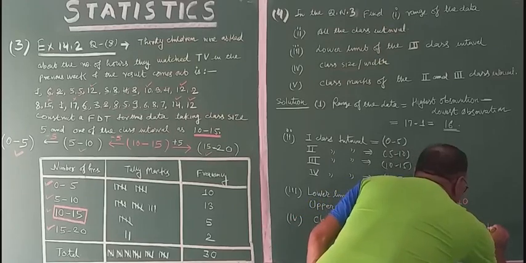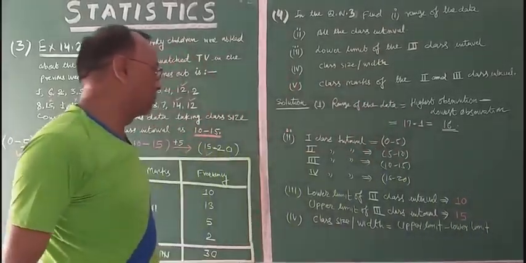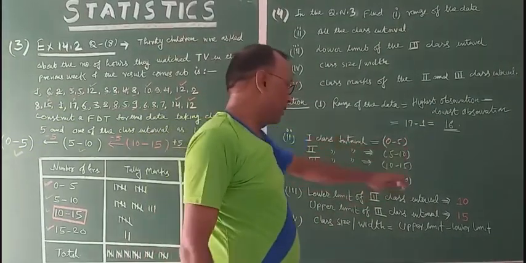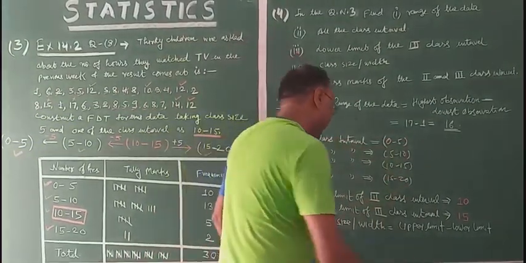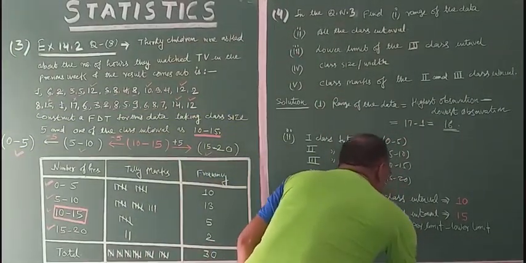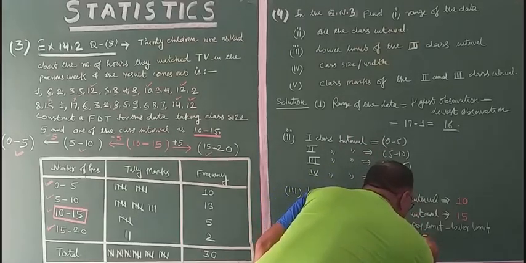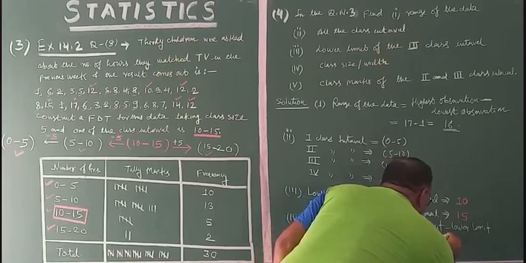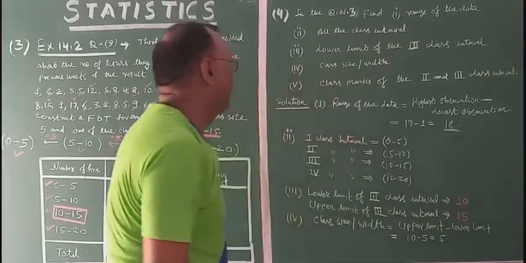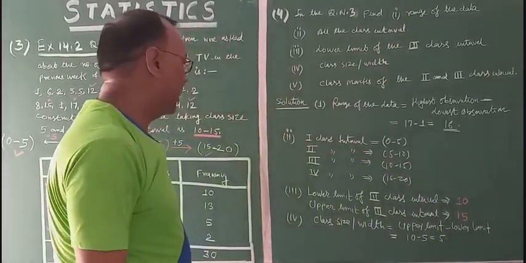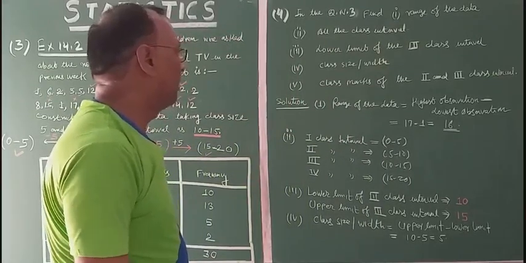That is called class width. You can take any of the classes. So what is this? As I am taking the second class, 10 minus 5 is equal to what? 5.